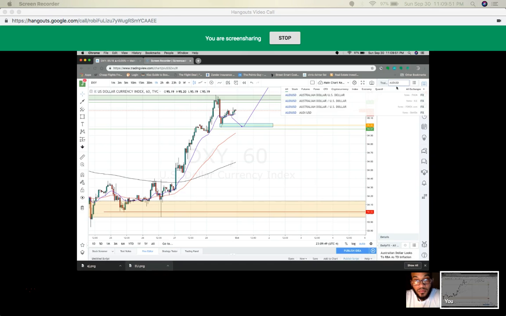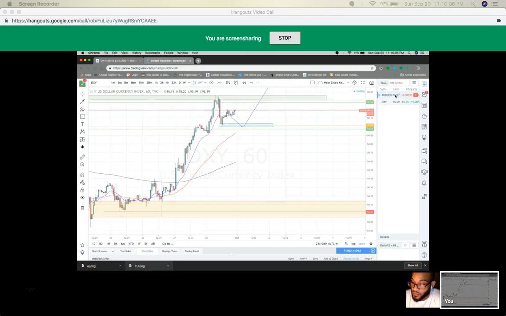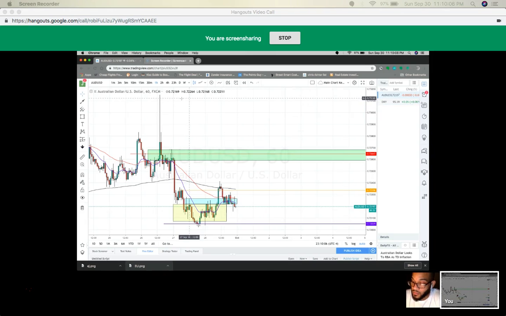AUD USD is the pair we'll look to trade and set up and all that good stuff. For the DXY, the TVC version is what you want to use, and with the currency version, use the FXCM.